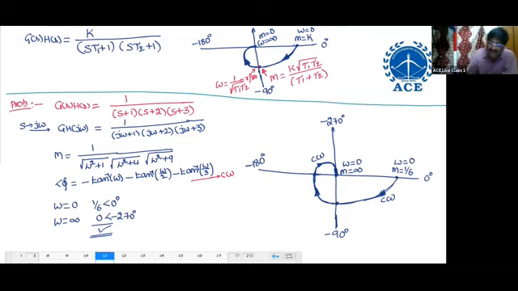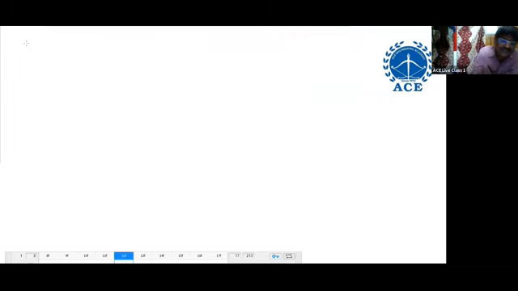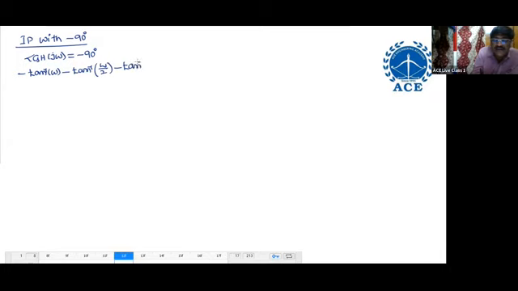Find the intersection point with minus 90 degrees. Angle GH of j omega equals minus 90: minus tan inverse omega, minus tan inverse omega by 2, minus tan inverse omega by 3 is equal to minus 90 degrees.